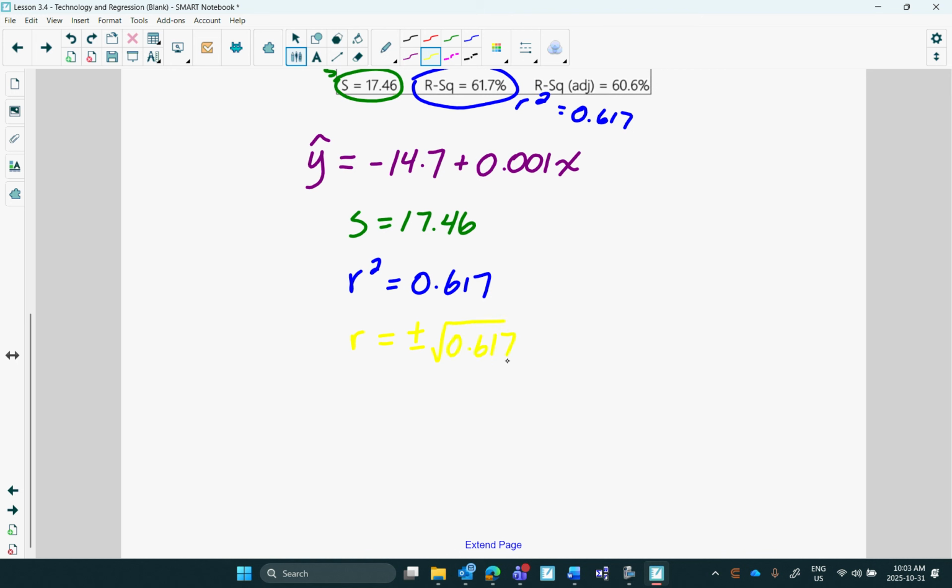That's important because if the slope is positive, it's going up, right? Which means R will be positive. If this was negative, your answer here for R would have to be negative. So it's important that you do plus minus. Well, this tells me the slope is positive, so it's climbing up. So I don't need the negative. It's plus whatever the square root of 0.617 is. Okay? Be aware of that.